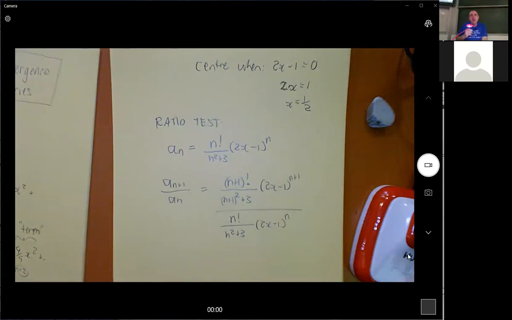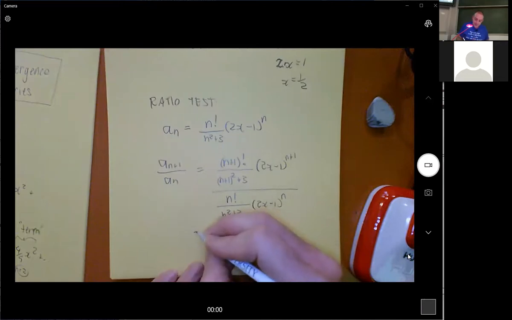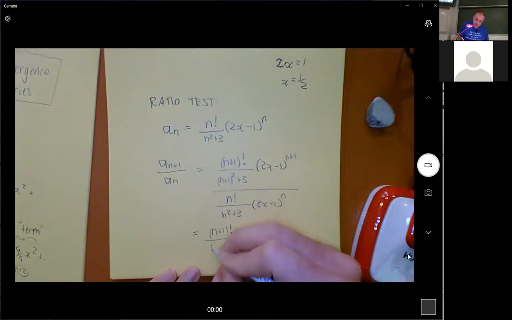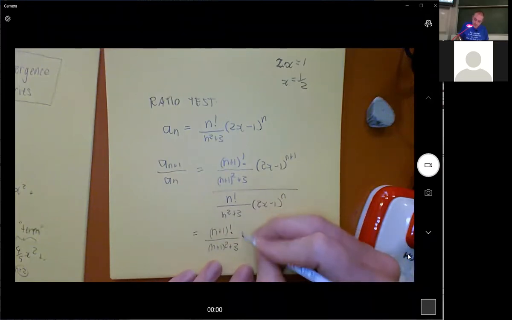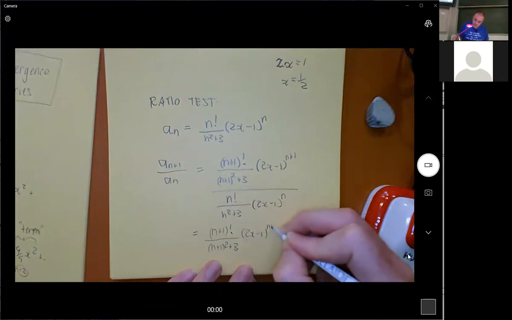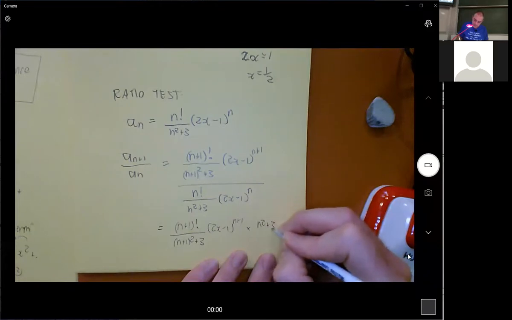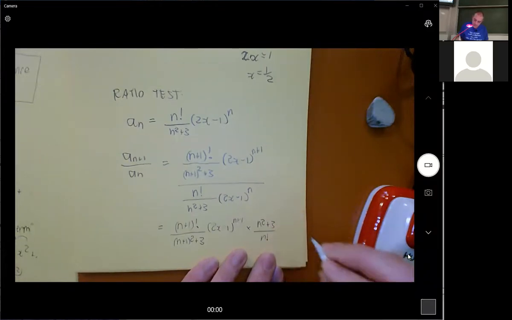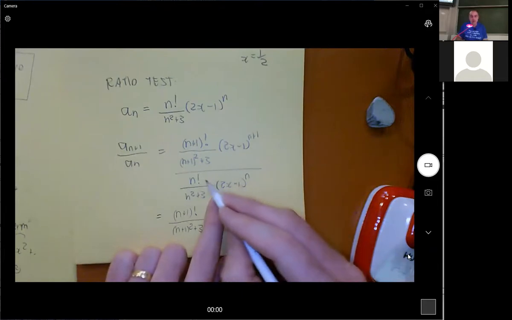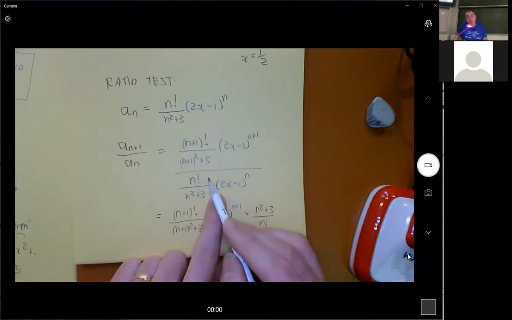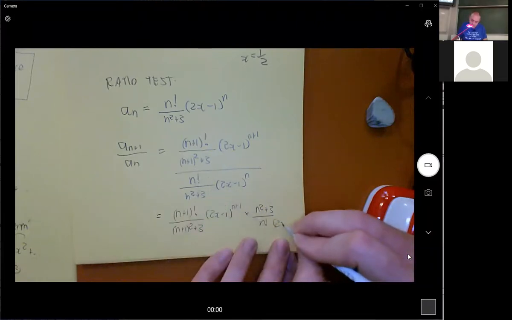I don't usually succeed at doing this in one step, so I'm not going to. So I've got, and this is technically on the top of that fraction because that's what it's multiplied. When you multiply fraction times number, the number ends up on the top. So that's going to be down here.